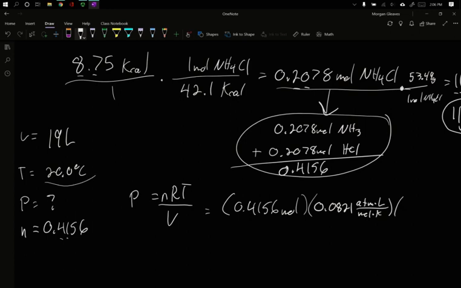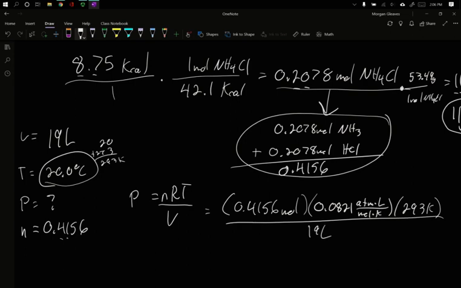My temperature, well, can't use 20 Celsius. 20 plus 273 for 293 Kelvin. And my volume was 19 liters. So my moles times 0.0821 times 293 divided by 19. What we find is that our pressure is equal to 0.526 atmospheres, or about 0.53 atmospheres.